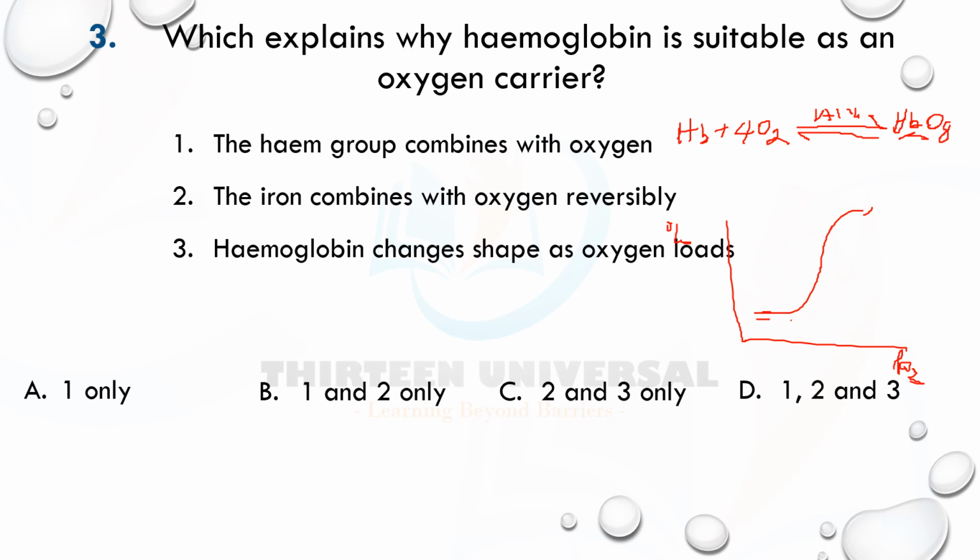What is happening here is that when oxygen binds to the first heme group, it takes time for that to happen. But once it binds to the first heme group, the hemoglobin molecule will change its shape, and changing shape allows more oxygen to bind to the hemoglobin. And that's why we have a steep curve here.